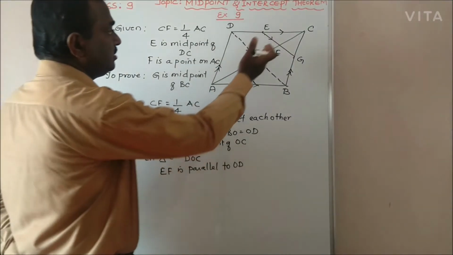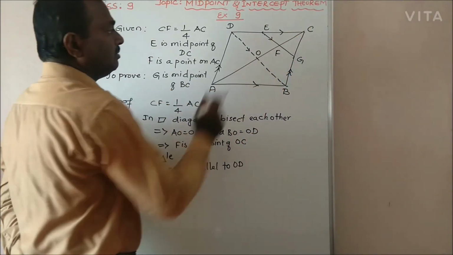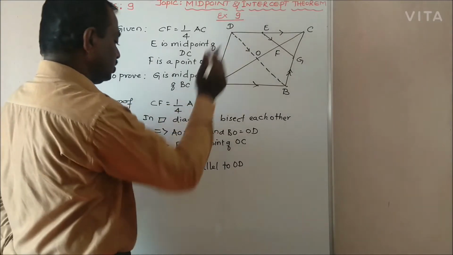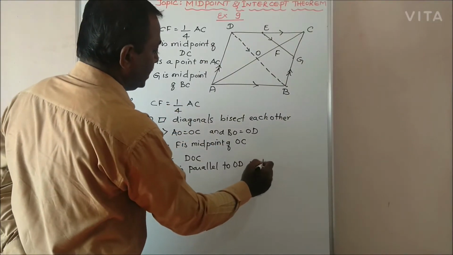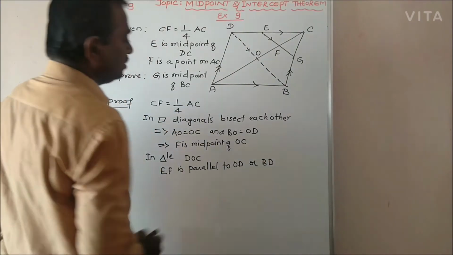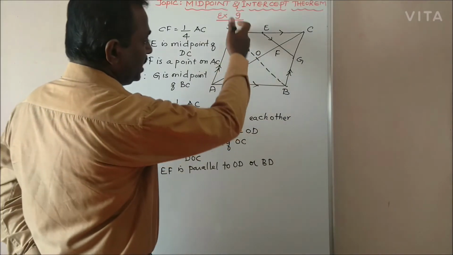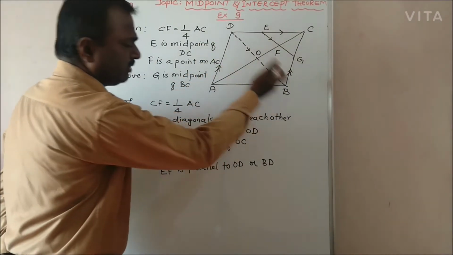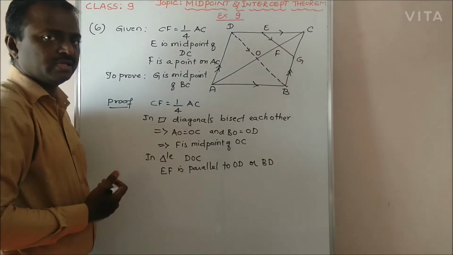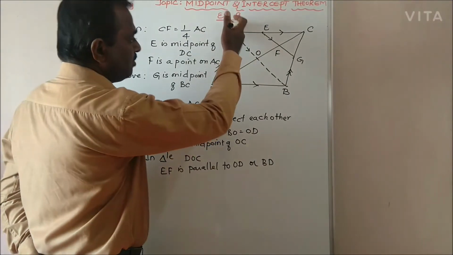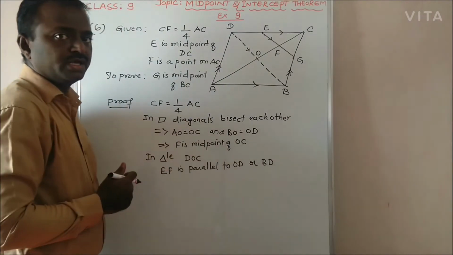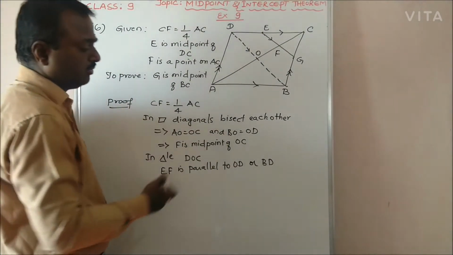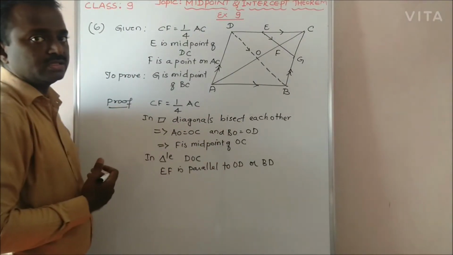Now F is the midpoint of OC, so EF is parallel to OD or BD, because OD is a part of the diagonal BD. Therefore it is parallel to OD, and we can say it is parallel to BD also.